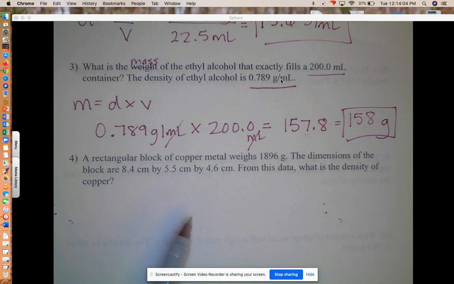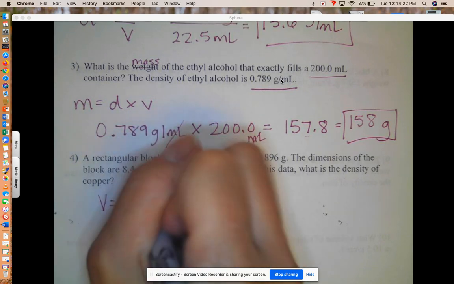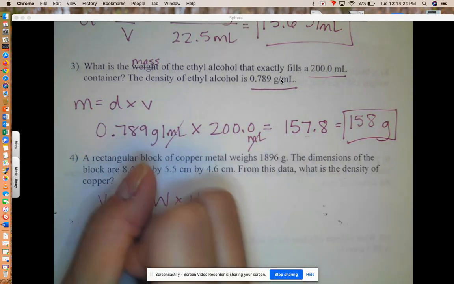So now number 4 has an added component, and sometimes this happens, where you are given dimensions, but not the volume. So before you can solve for density, you must first calculate solid volume. So that would be length times width times height.